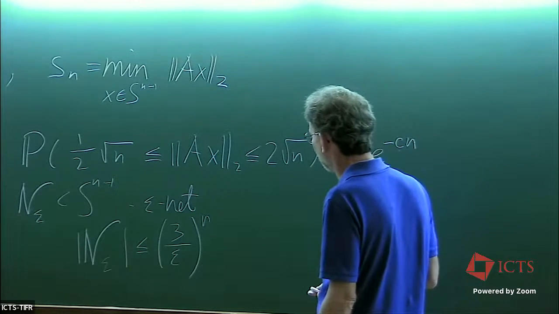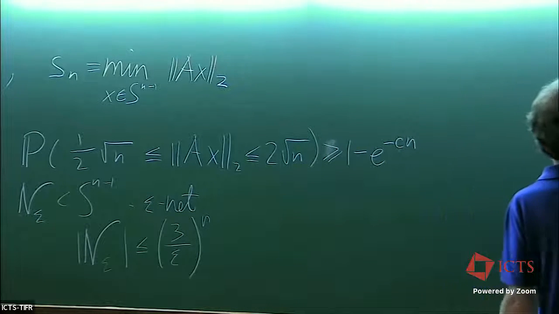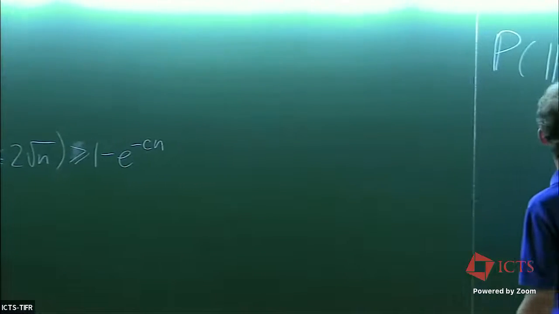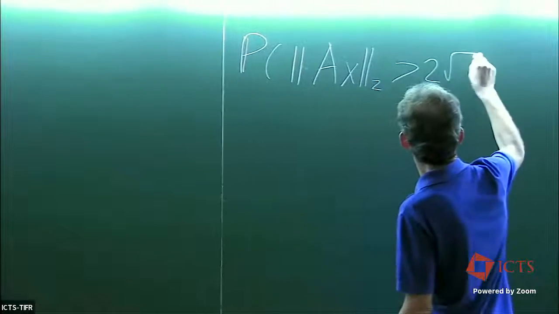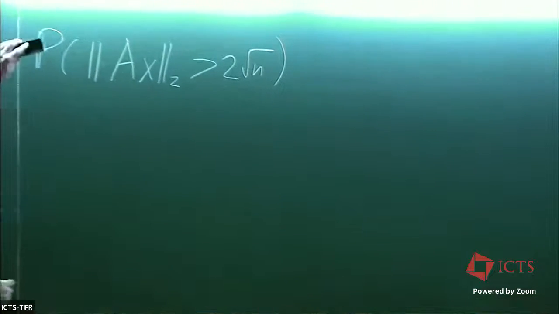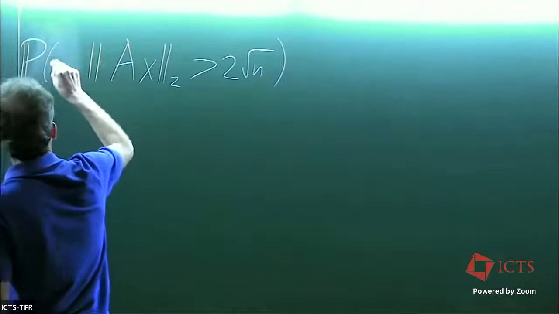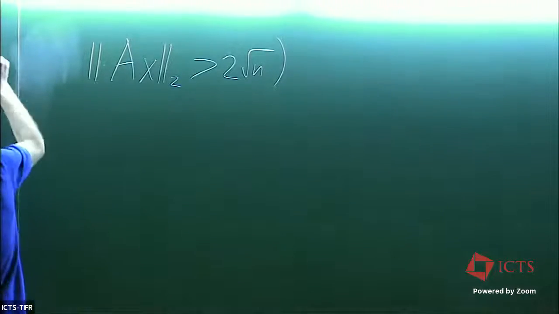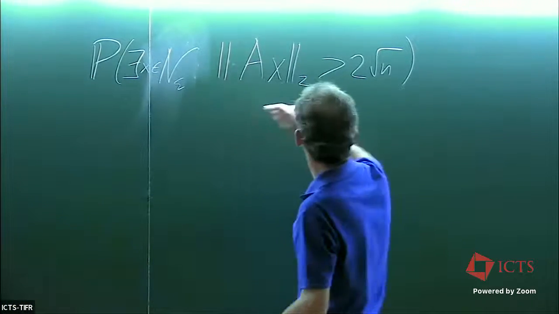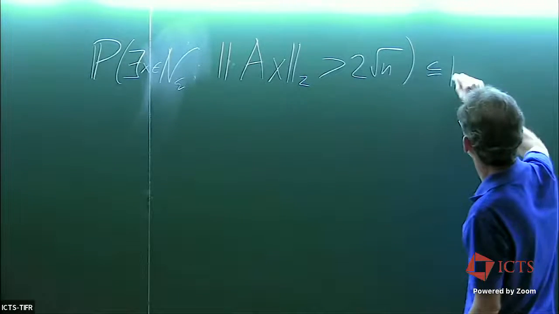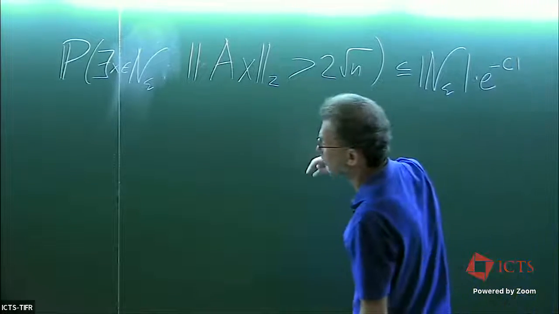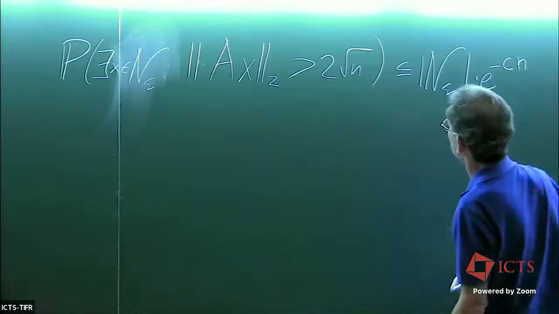So the probability that the norm of Ax is greater than, say, 2 square root of n for some point in the net is less or equal than the cardinality of the net times the failure probability, which I know to be e to the negative cn.